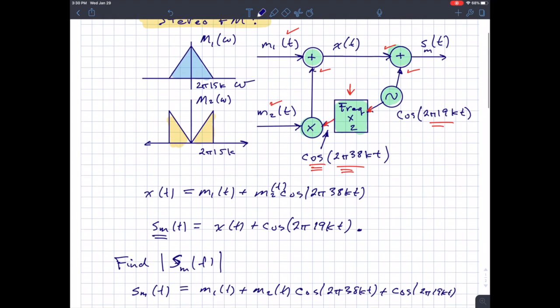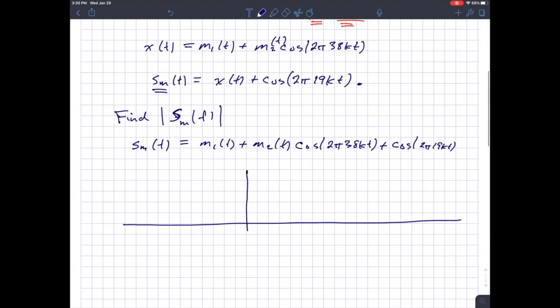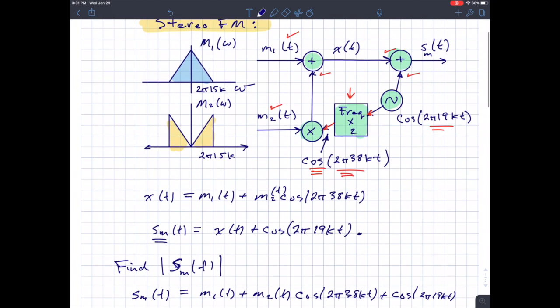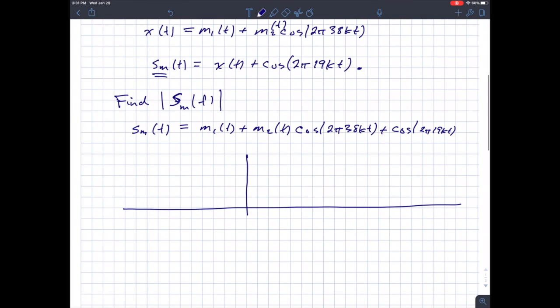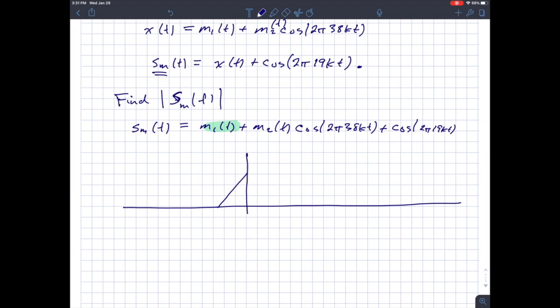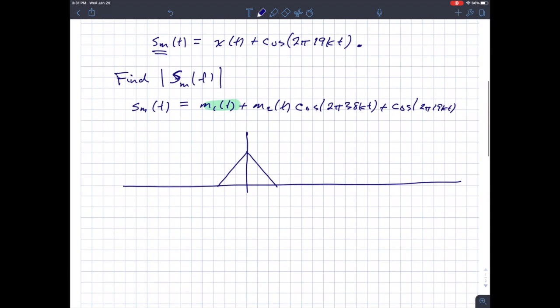M1 is the triangle shape, and M2 is the adjacent wedges shape. So when I look at this transform, this first block in green would just be the triangle shape. We know its maximum bandwidth is 2 pi 15k, so on the f-axis that'd be 15k. That's the green shape.